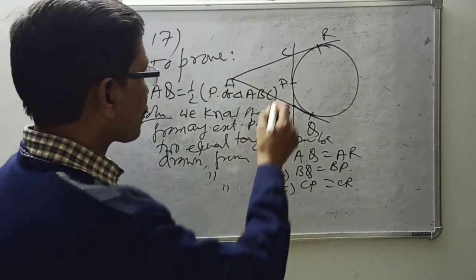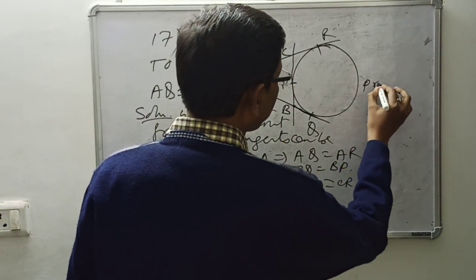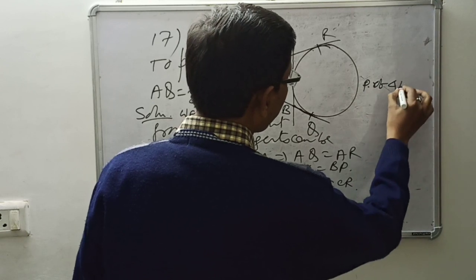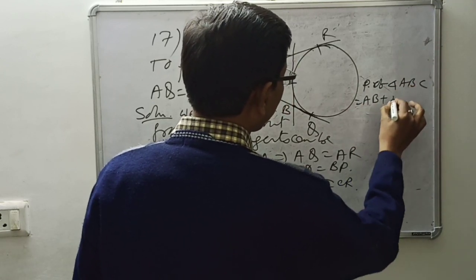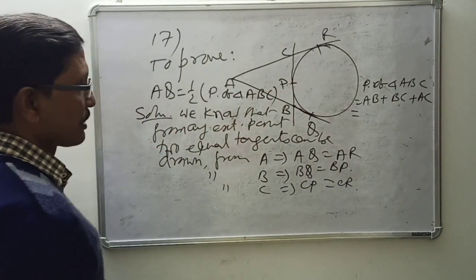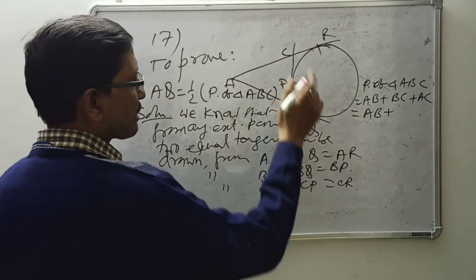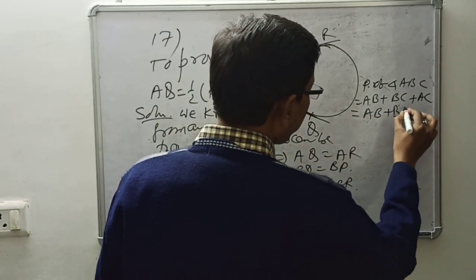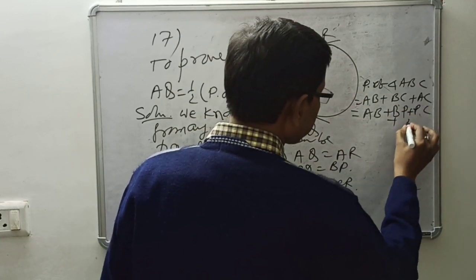Now, the perimeter of the triangle ABC is AB plus BC plus AC, the sum of the three sides. BC can be written as BP plus PC, plus AC.